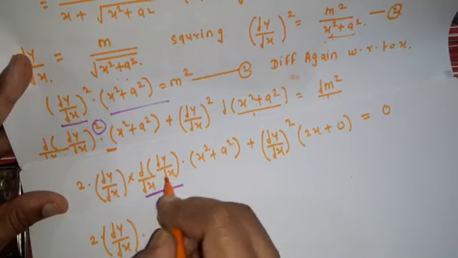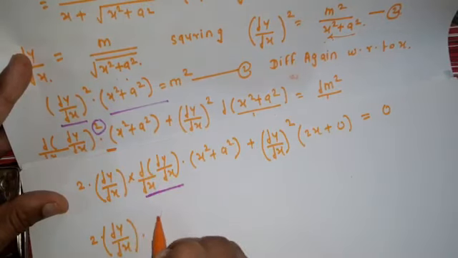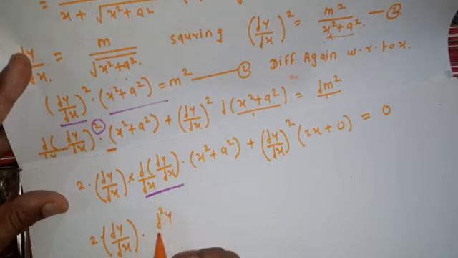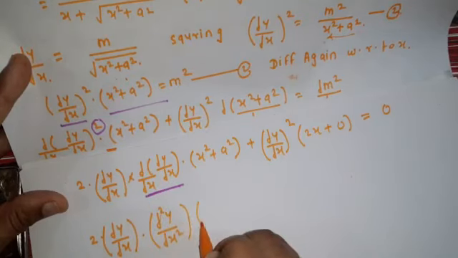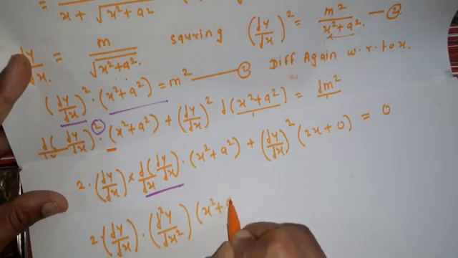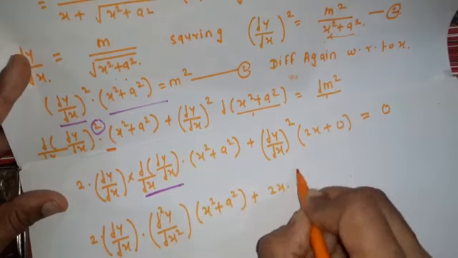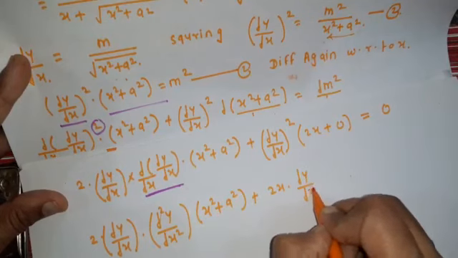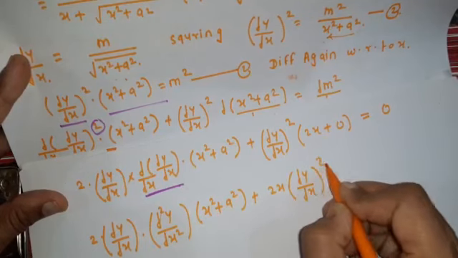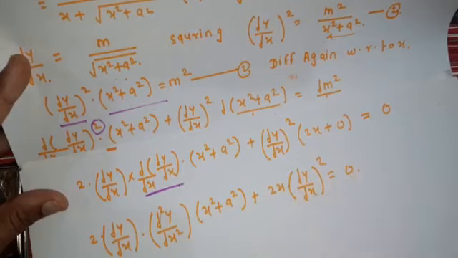Differentiation of dy by dx with respect to x is d2y by dx square, into x square plus a square plus 2x into dy by dx whole square equal to 0. Okay.